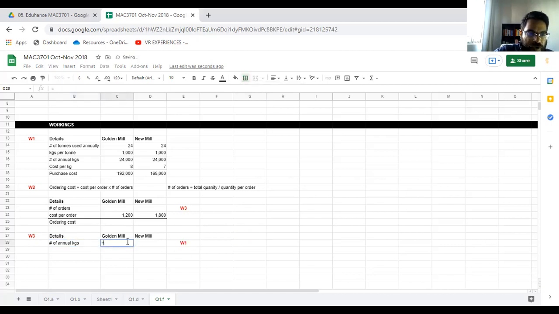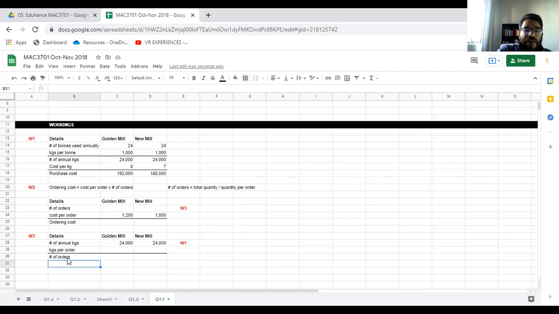So we know the number of kilograms, and then we're going to say kilograms per order. Now, this is the important part that you need to take note of. So this is number of orders. With new mill, they're telling you how much quantity you need to place per order.